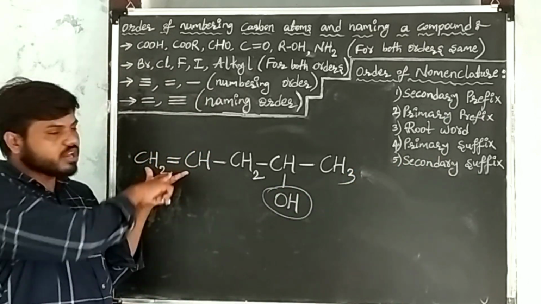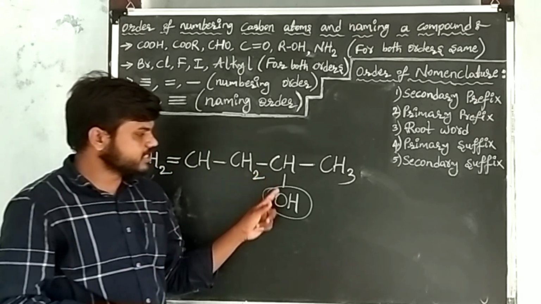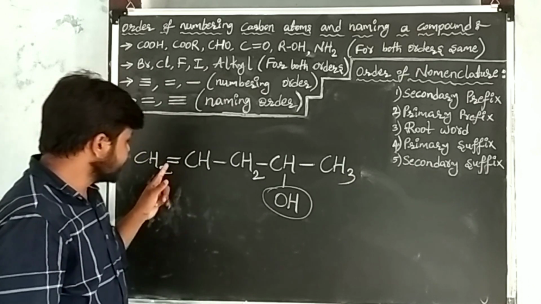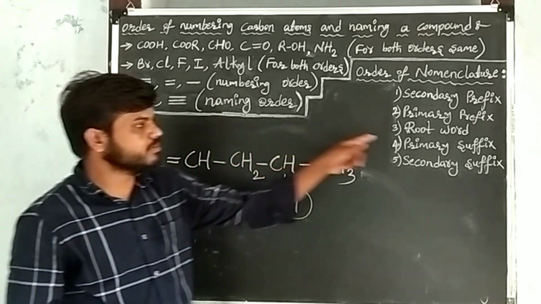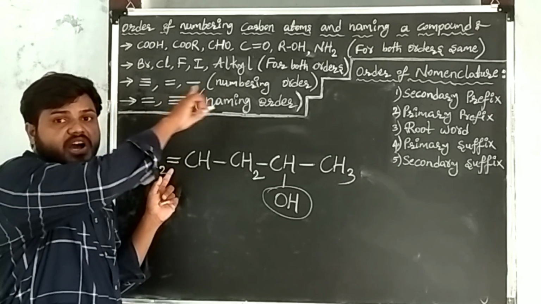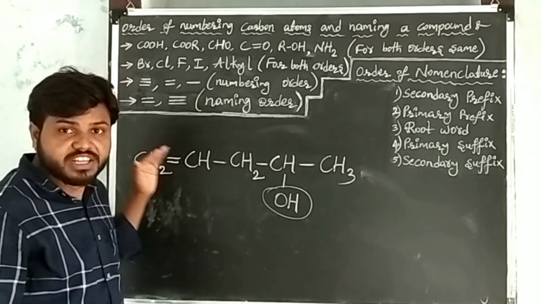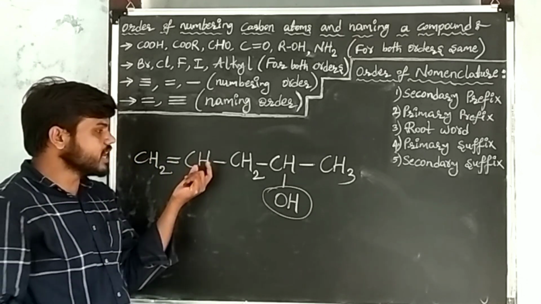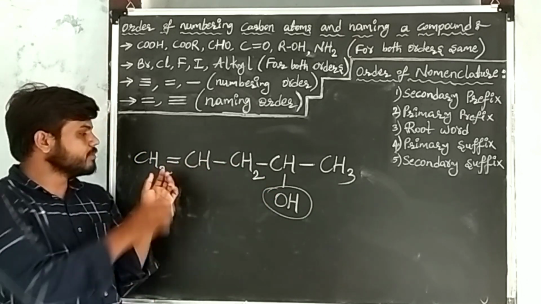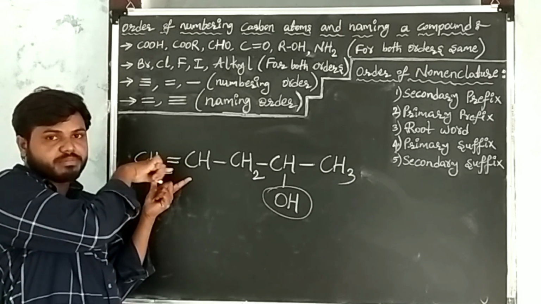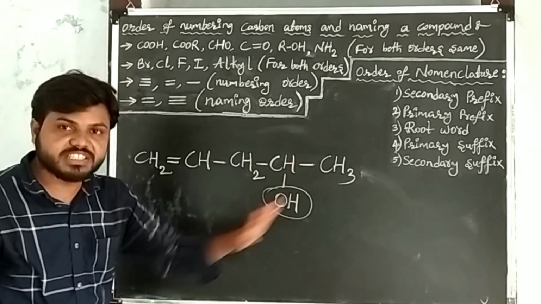This double bond and these single bonds belong to primary suffix. Except this double bond, remaining all are single bonds present in the given carbon compound. Between every two atoms, remaining all are single bonds except this double bond.